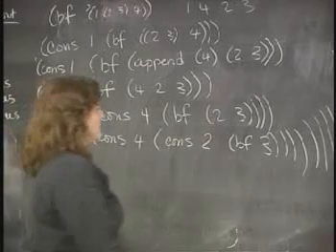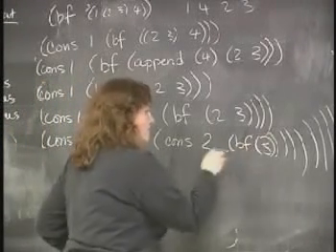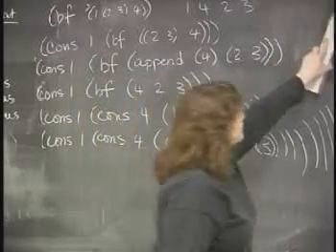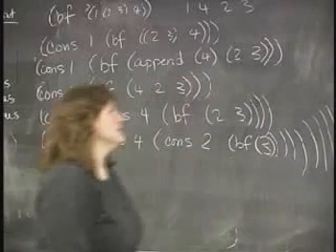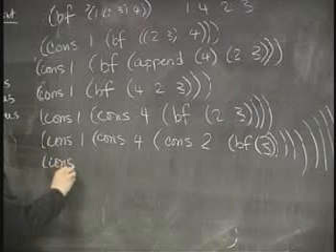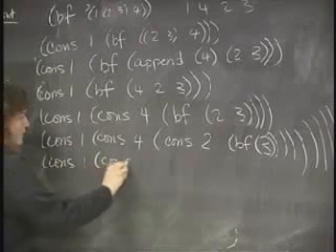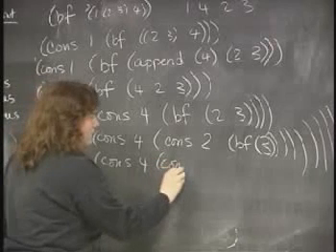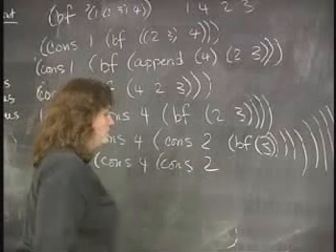Okay, is it BF 3 or is it BF list 3, right? Because we're taking the cooter. That is now our list. Cons 1, cons 4, cons 2.